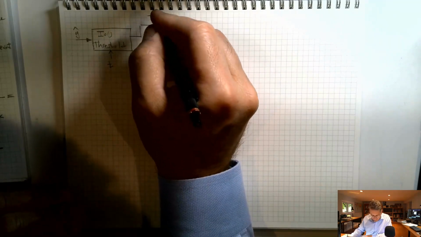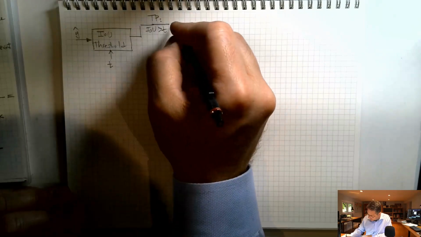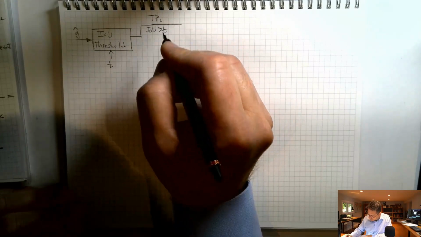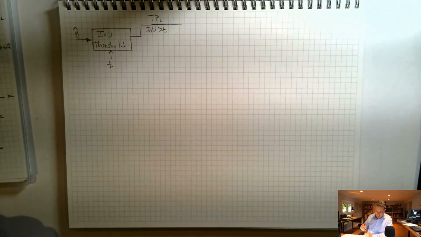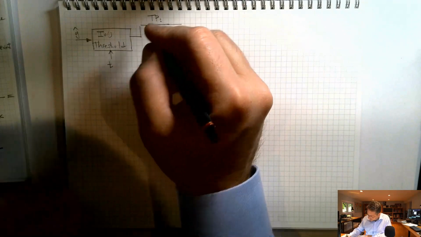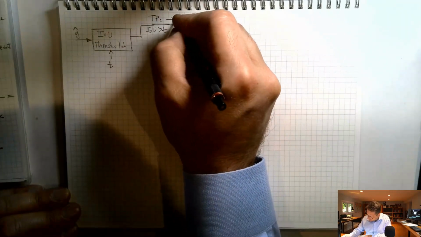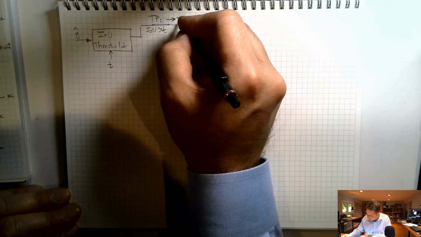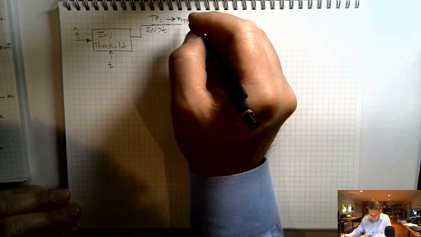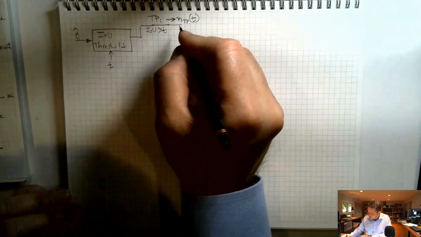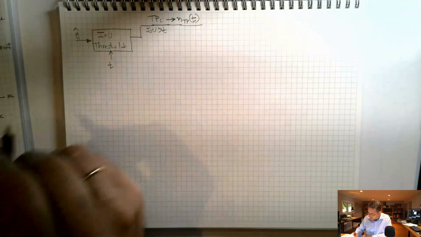This true positive event gives rise to the counter that I will be calling n true positive, incrementing this counter with this arrow, this NTP, and I will call this NTP a function of t because evidently it is.